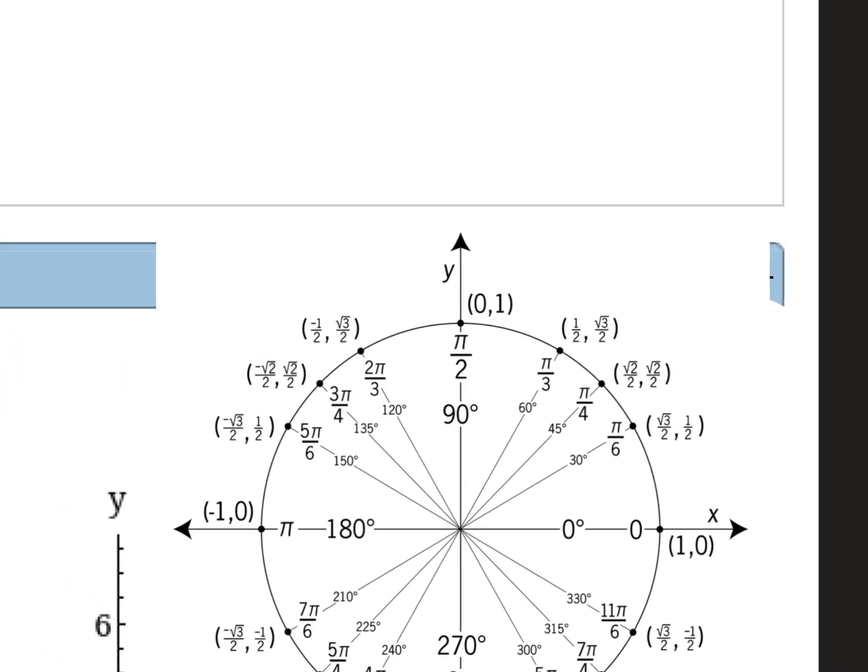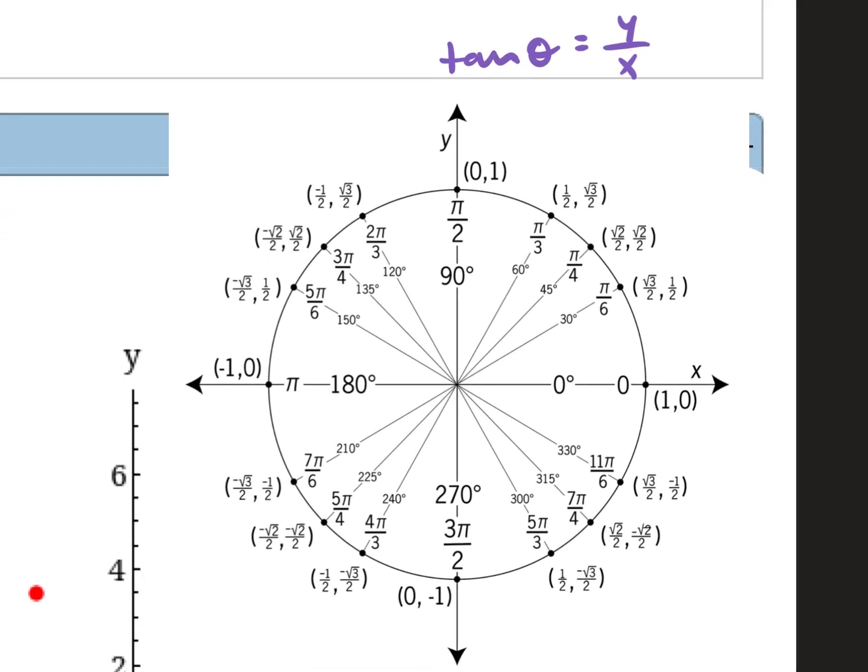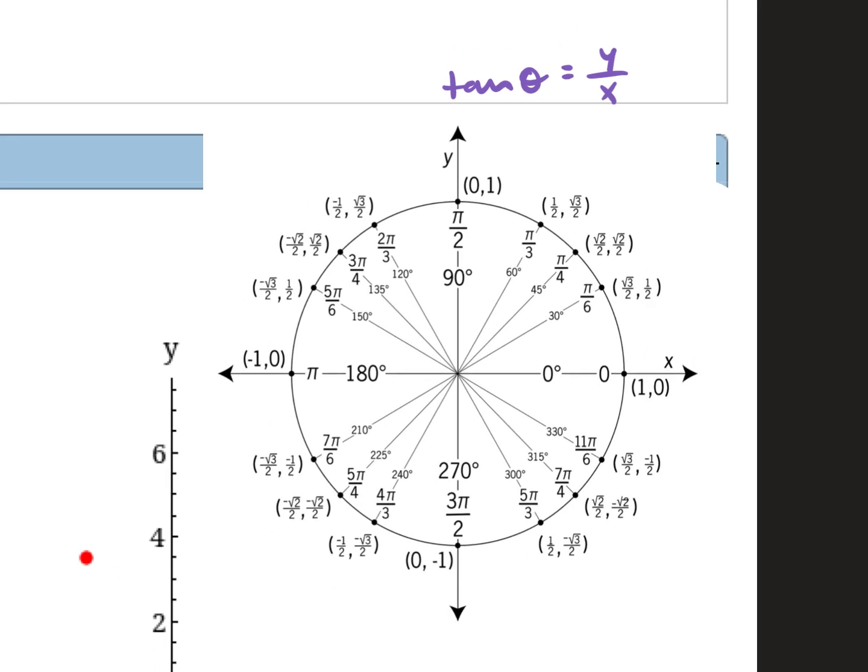Remember, tangent is y over x. You don't really have to rationalize it, because we're going to end up looking at the radians of it. If you rationalize it, you're going to have to rationalize it again when doing the work. Tangent is negative in the second quadrant and in the fourth. So we're going to look at those two.